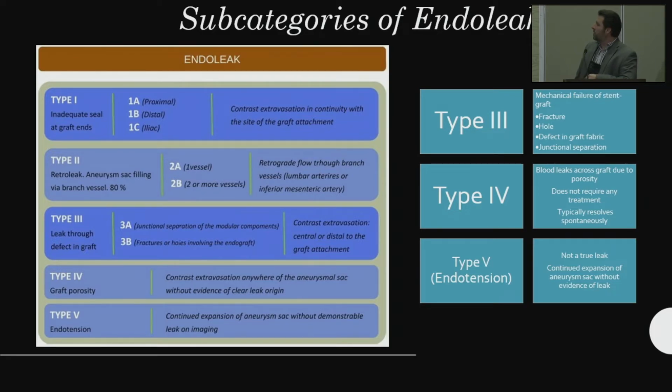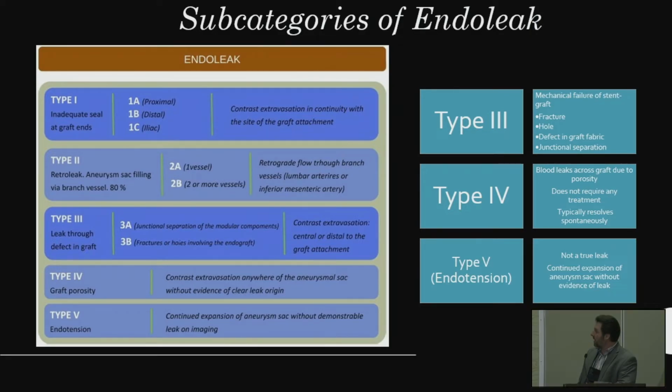All right, there's a few more subcategories that we don't really get into, but they are there. Type 3, like we talked about, is an actual mechanical failure of the graft. So there's some sort of tear, some sort of hole, or some sort of separation that happens where the blood flow will leak out. Type 4 is where it just oozes out of the material.